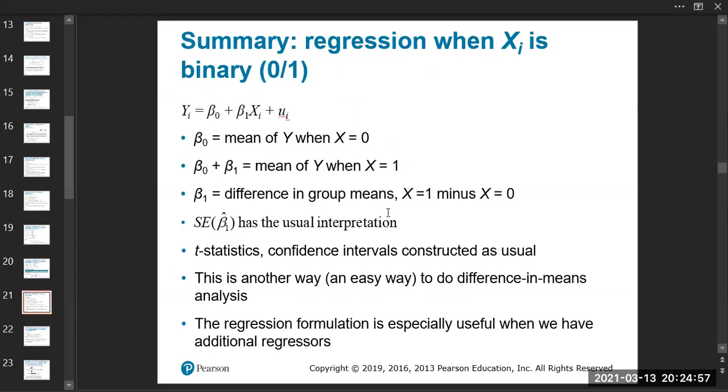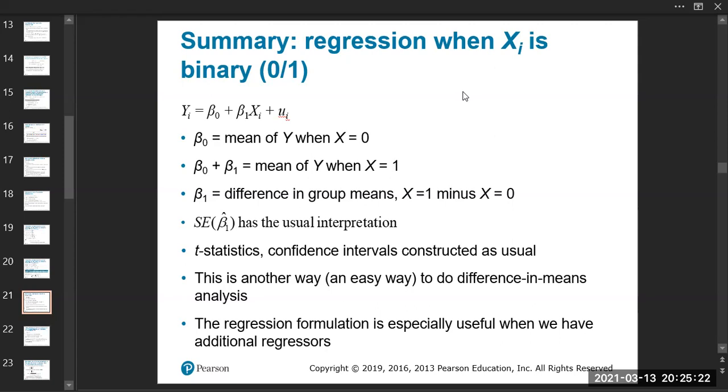So in summary, regression when x is binary, or regression when x is dummy. You have y equals beta 0 plus beta 1 times x_i plus u. Beta 0 is the mean of y when x is 0. Beta 0 plus beta 1 is the mean of y when x equals 1.